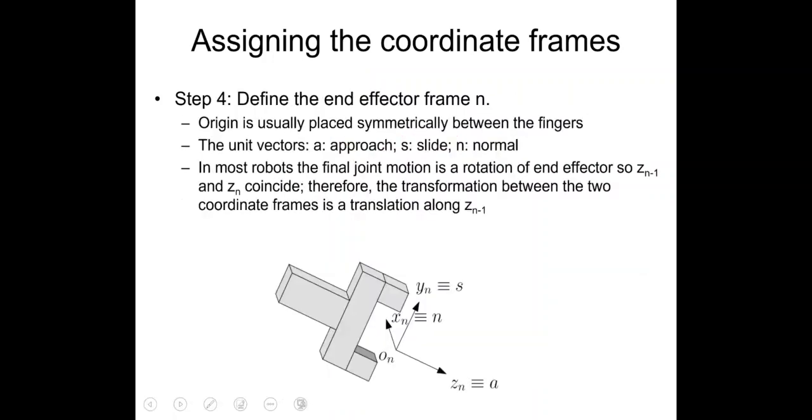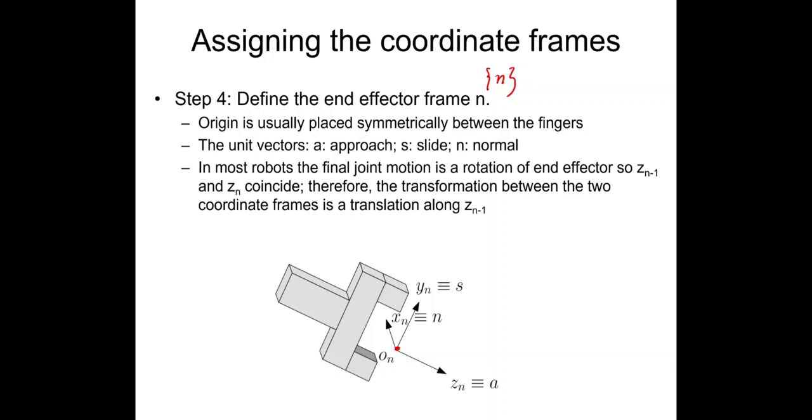Okay, step 4 is to define the end effector, which is the frame N. We use a new frame to define the end effector, and the origin is usually placed symmetrically between the fingers. So for example, in this case, my end effector is a grasper, and I define the origin in the middle.